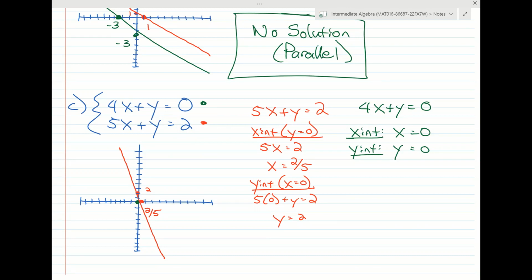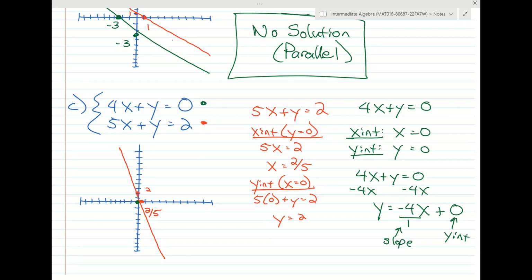So one thing we could do is take 4x plus y is equal to 0, bring the 4x on the other side, and then graph this in slope-intercept form, where this is our y-intercept and this is our slope. So we'll start at 0 and then go down 4 over 1.